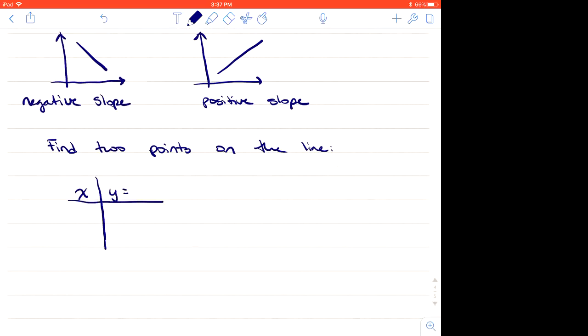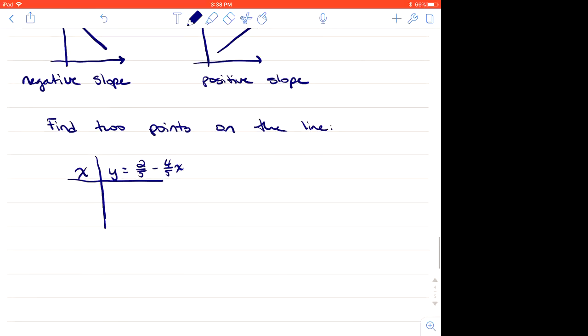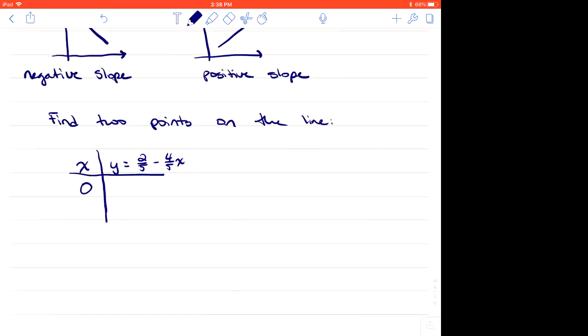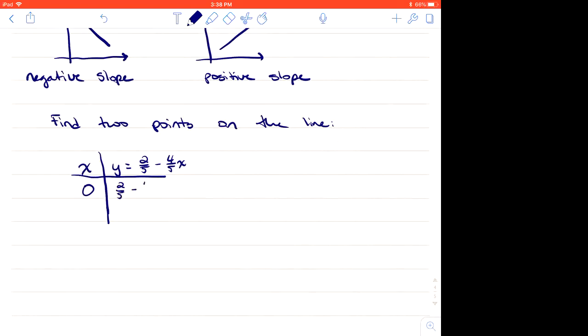And we said y equals 2 over 5 minus 4 over 5 x. Okay. So I'll stick with my favorite x, 0. All right. 0 is, so 2 over 5 minus 4 over 5 times 0 is just 2 over 5, or 0.4 if we want.